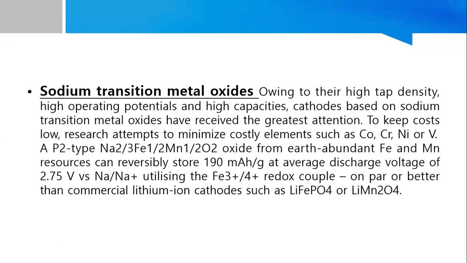A P2 type Na2/3Fe1/2Mn1/2O2 oxide from the earth abundant iron and manganese sources can reversibly store 190 milliampere hour per gram at an average discharge voltage of 2.75 volts as sodium ions utilize the Fe3+/4+ redox couple, on par or better than commercial lithium ion cathodes such as LiFePO4 or LiMn2O4.